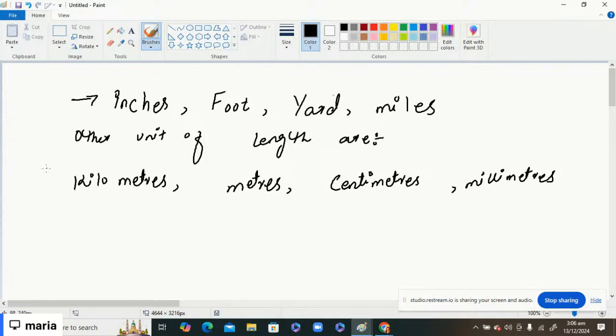These are also units of length, and these are some other basic units for length. So these are the units for measurement of length.